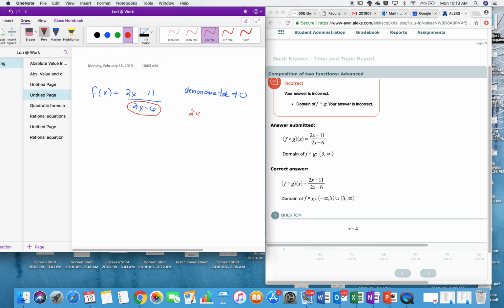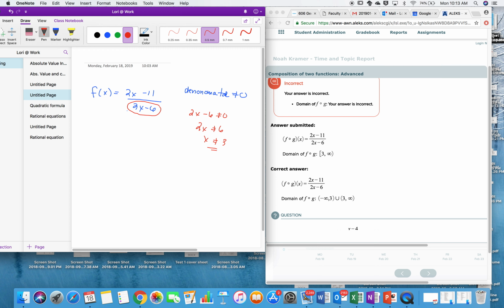So if you just set up a non-equation, 2x minus 6 can't be 0, then 2x can't be 6, and x can't be 3. So 3 is the only number that is going to create a situation that this is undefined. When x is equal to 3, I would get 2 times 3 or 6, 6 minus 6 equals 0.